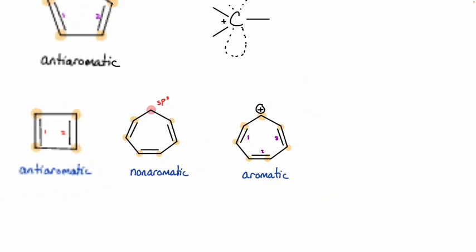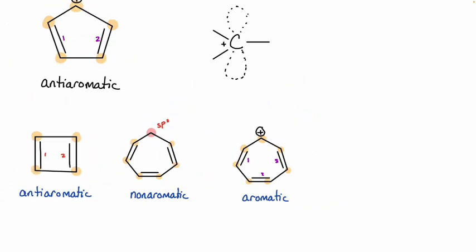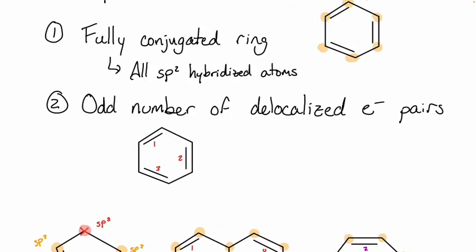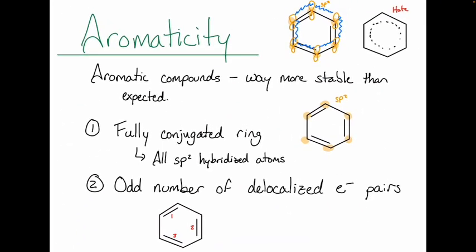Okay? Cool. So for right now, we've introduced this idea of aromaticity, and basically all we've said about it is that aromatic compounds are super stable, and they have to meet these 2 criteria here. They have to have a fully conjugated ring, but also this kind of odd one, where there has to be an odd number of electron pairs. If you meet both those criteria, you're aromatic.